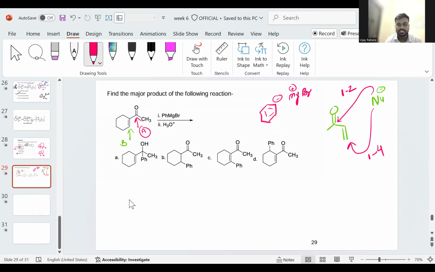So tell me, what is the correct option here? Anyone? What is this phenyl magnesium bromide? It is a strong nucleophile.